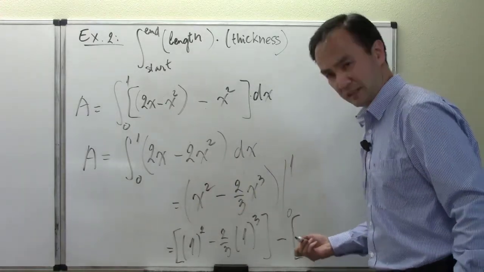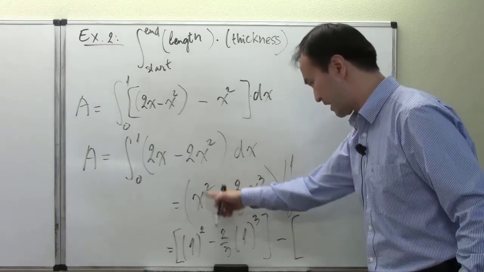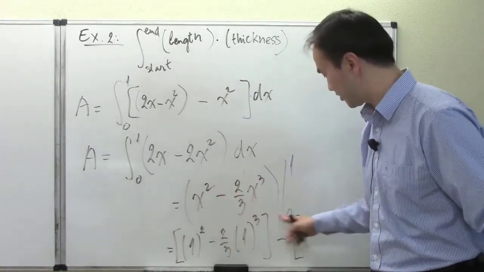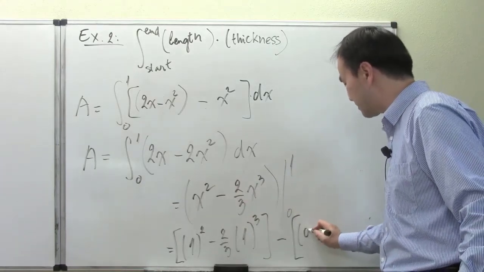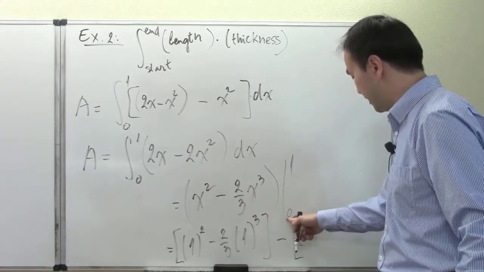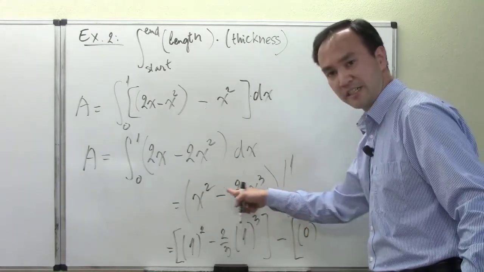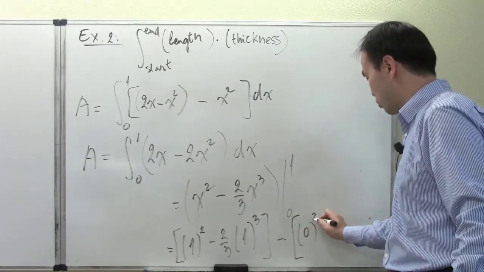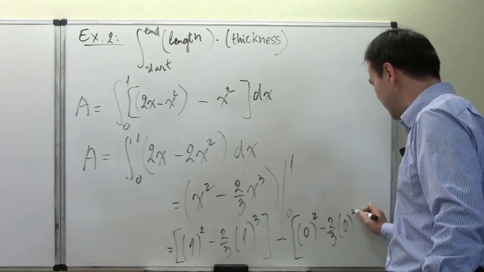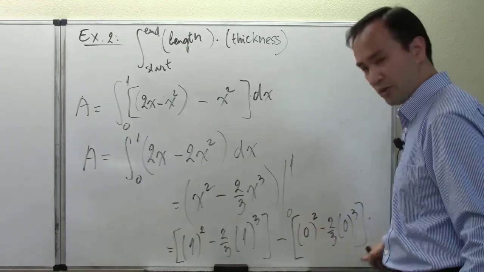Believe me, experience will tell you immediately, but allow me to assume that there are still beginners looking at this, so I am going to carefully substitute the value 0 into each term of our current antiderivative. So 0 squared minus 2/3 times 0 cubed. But now anyone can see that this will quickly become a 0.